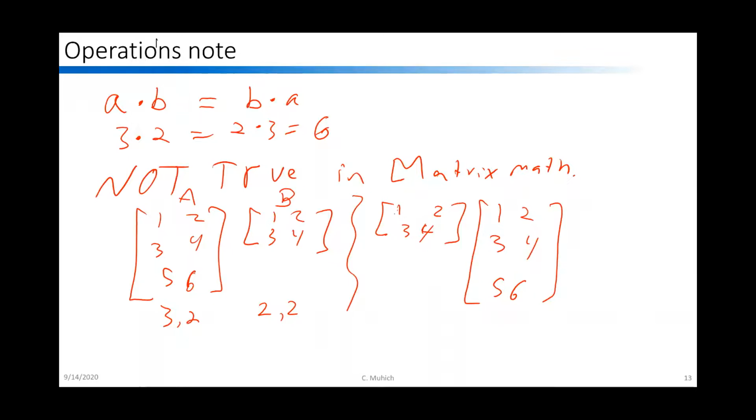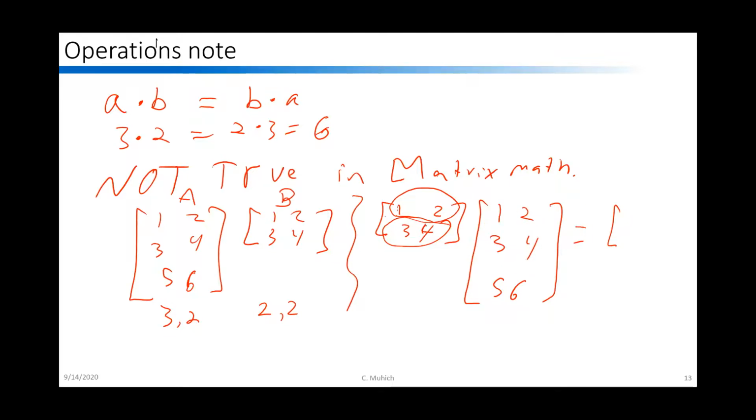So I could take this pair and this pair, and then this pair in order to get, say, my answer. And that wouldn't work, right?